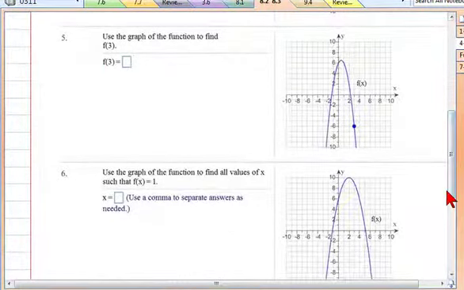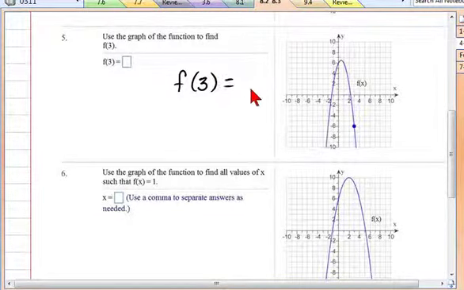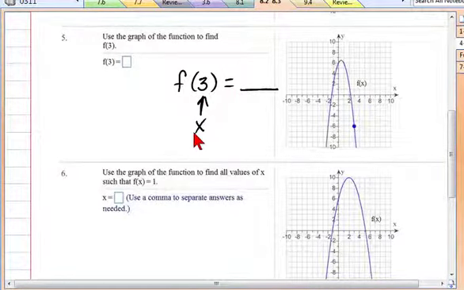Question number 5. It says use the graph of the function to find f of 3. Well, it's nice. It gave you a point, but f of 3 equals something. What were you given? You were given x is 3. All right, x is 3 along here.